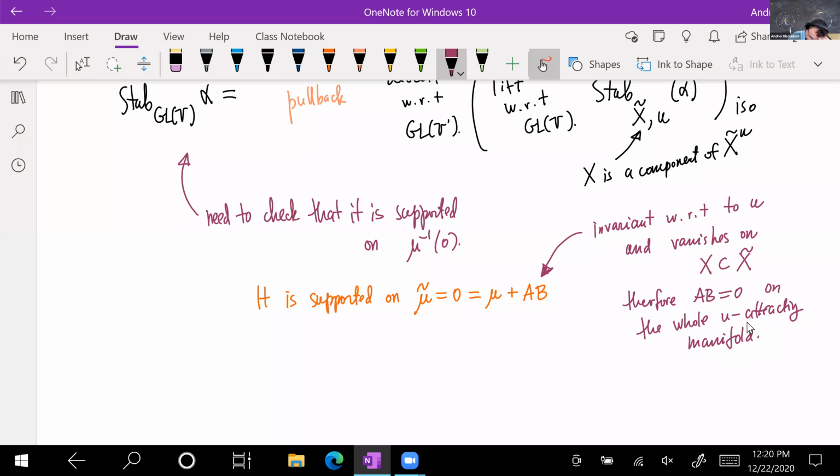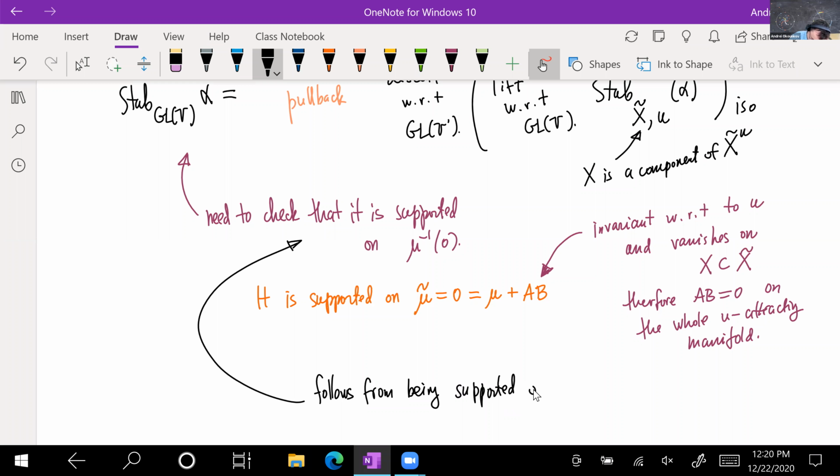So this is 0 on the whole attracting manifold, and therefore being supported here follows from being supported on the attracting manifold. So that's the end of the proof.